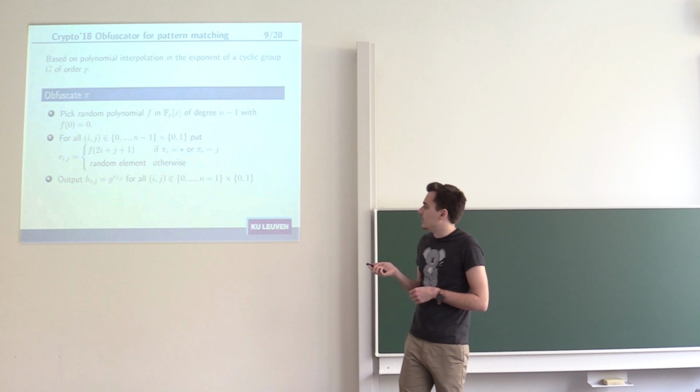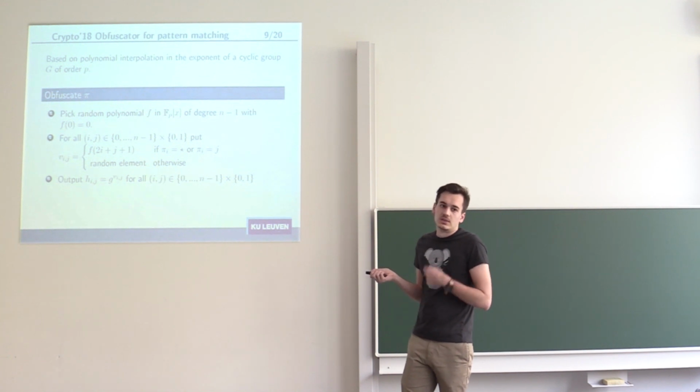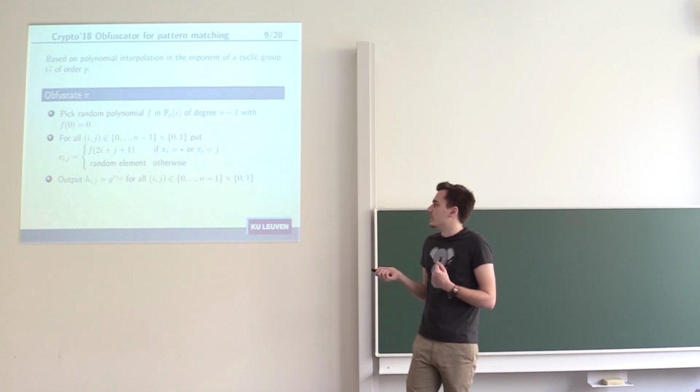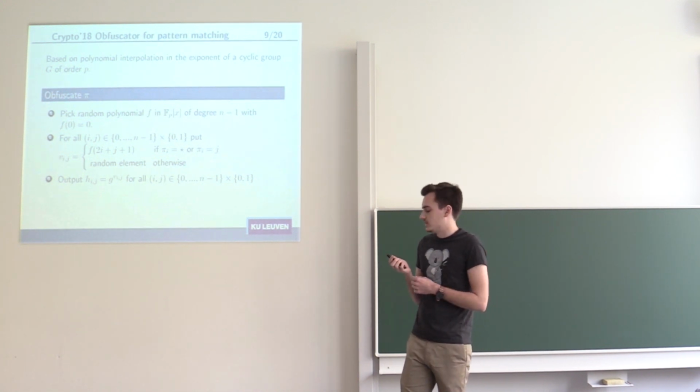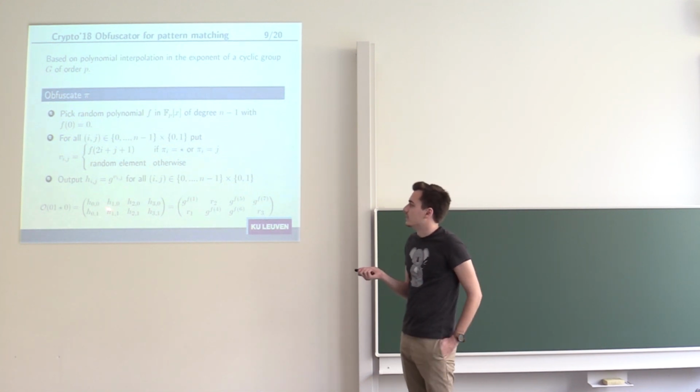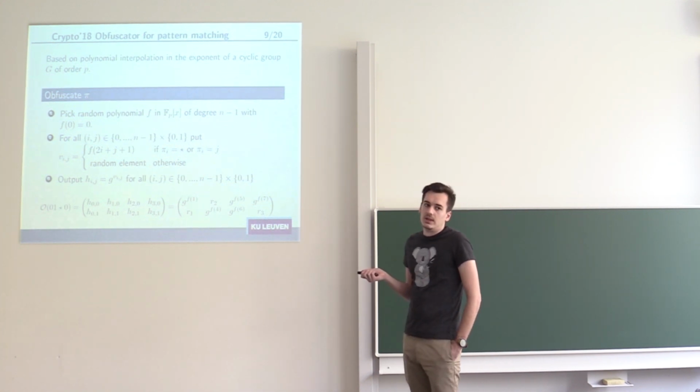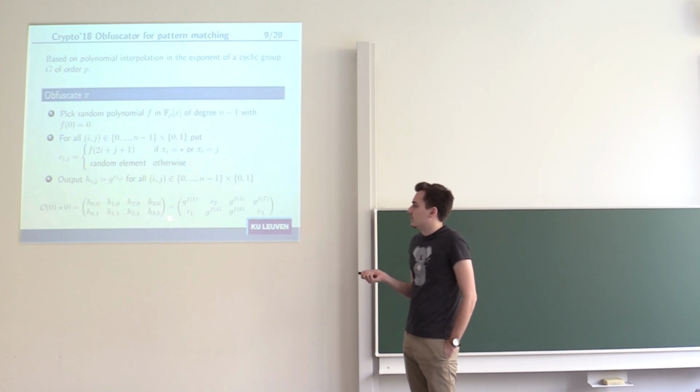And then you compute a bunch of group elements, which are just g, a generator of your group, raised to the power V_ij, and those are the elements that you give out. So that's the obfuscation.